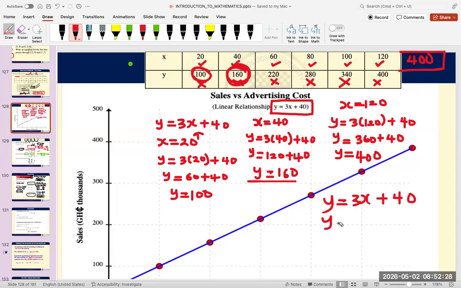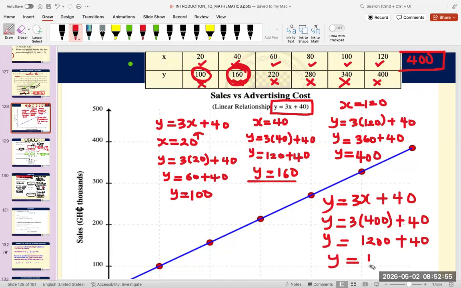So you have y equals 3 times 400 plus 40. That gives you 1,200 plus 40, and finally y equals 1,240.